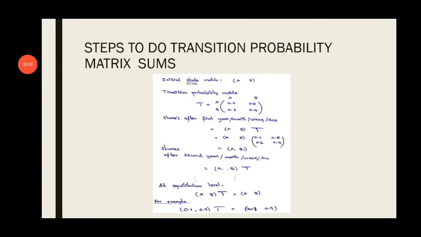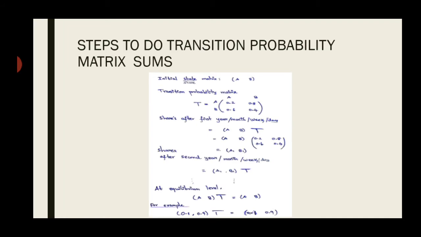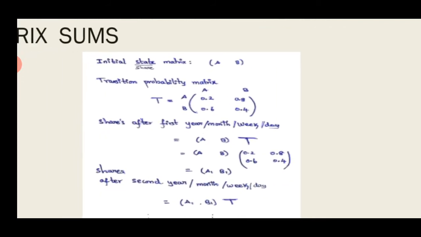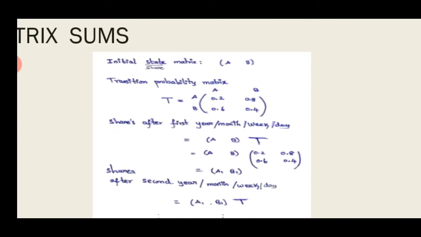Steps to do transition probability matrix sums. So here in the question there will be a given initial state matrix or initial share matrix, and that should be about two products or two items or two different cars or two different types of pens, about any two products, regarding that they will be giving the share.